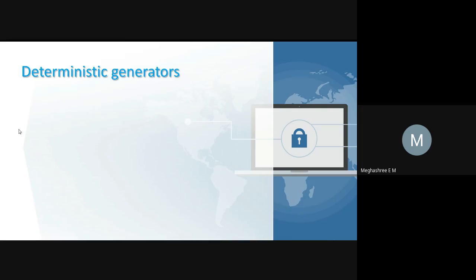Under this method, it is classified into two types: one is hardware-based, another one is software-based. In hardware-based, we saw that special hardware devices are required, because of which the method is very expensive. The random numbers generated using non-deterministic generators are random in nature because of their uncertainty and unpredictable pattern.